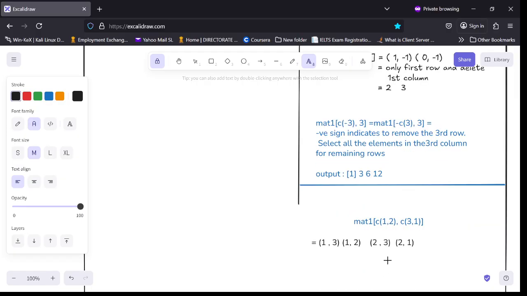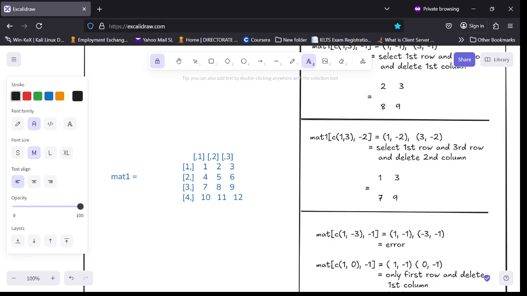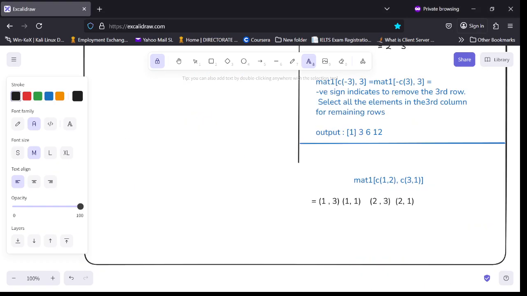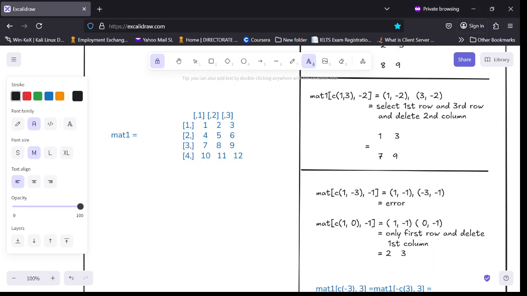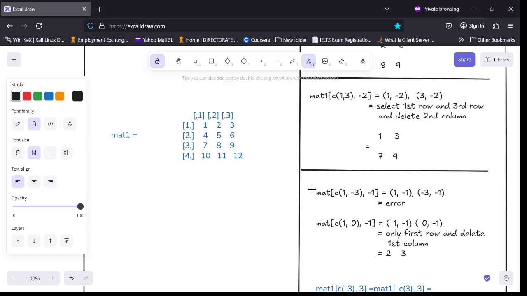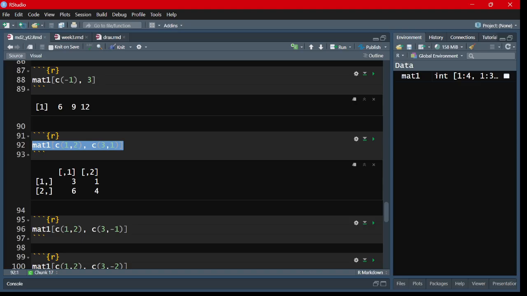Oh yeah, I think I am wrong here. This should be 1, 3 and 1, 1, and this is 2, 3 and 2, 1. So if I select 1, 3, that is the first row, I get 3 and 1. And for the second, 2, 3 is 6, and 2, 1 is 4. Is it correct? Yes, 6 and 4 is there. So that's why the output is like this.